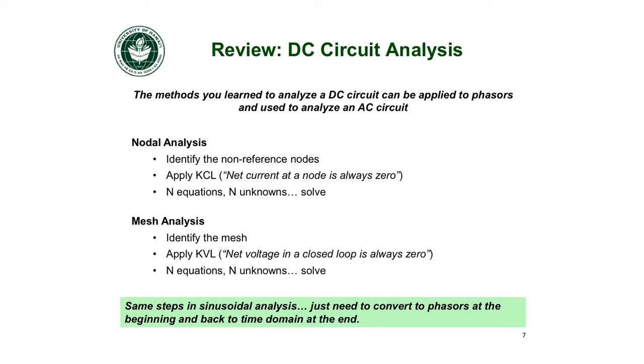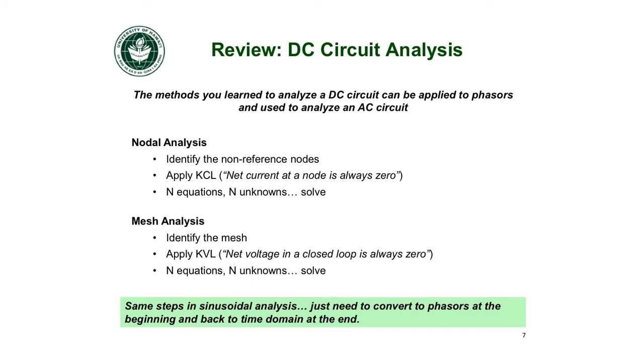So let's quickly review some of our DC circuit analysis tools. Two methods that we have covered extensively are nodal analysis and mesh analysis. And these are the steps for each method. For nodal analysis, you set a reference node, identify the non-reference nodes, apply KCL at the non-reference nodes, and then you end up with a set of equations that you can solve for the unknowns.